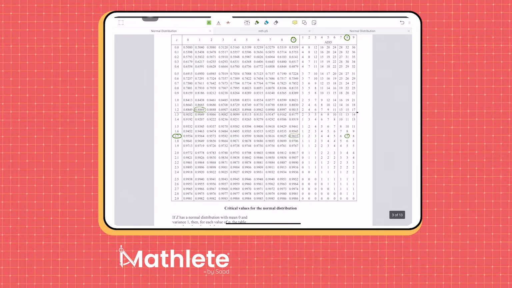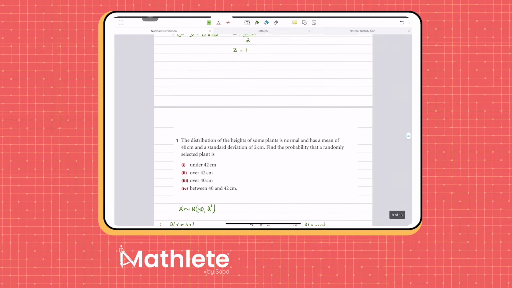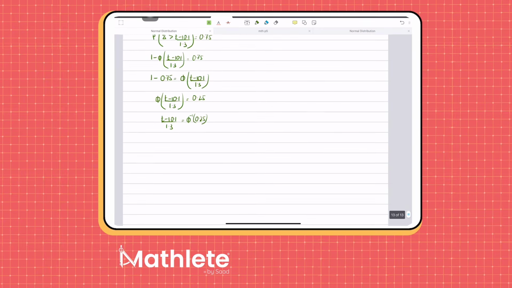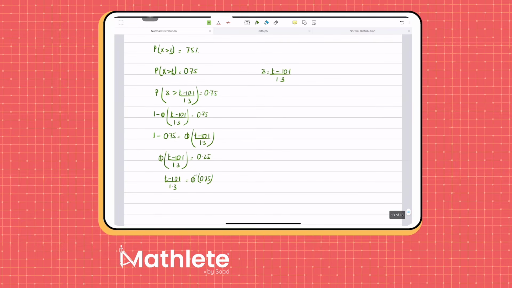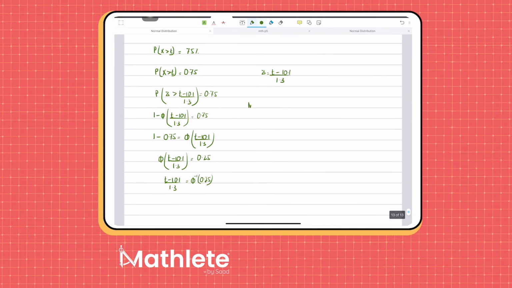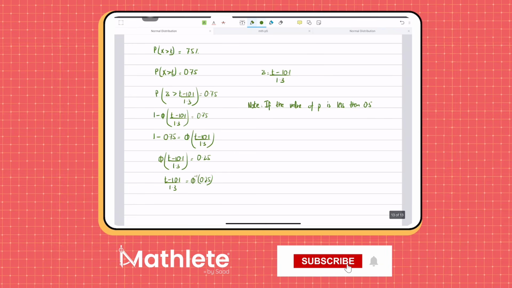Since we're doing this for the first time, it's okay if you're not aware. I'll tell you what we do. I'll write down a note, and then you guys can follow that rule. The note is as follows: if the value of p is less than 0.5, here's what we do.